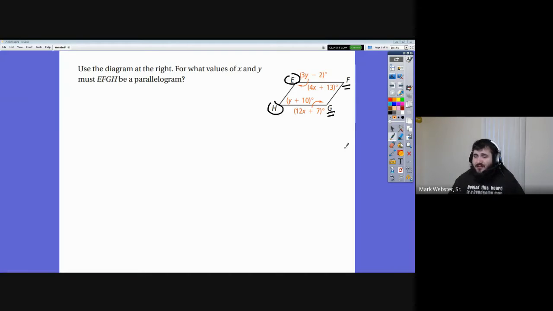If you really like systems of equations, cool, do that. But like, if it's me, I'm only going to do that when I'm forced to. But like here, if I add angle E and angle H, I better get 180. So let's combine like terms and solve, right?